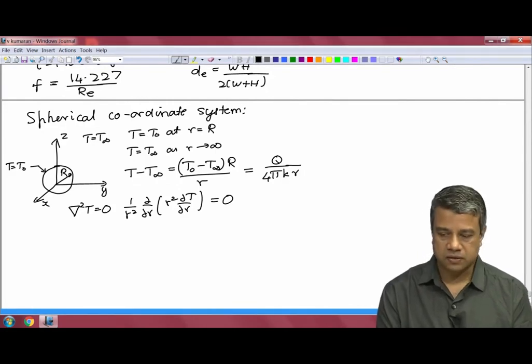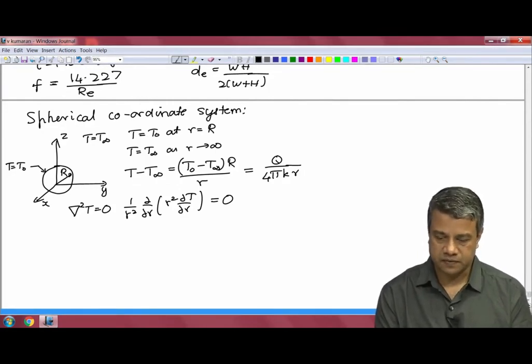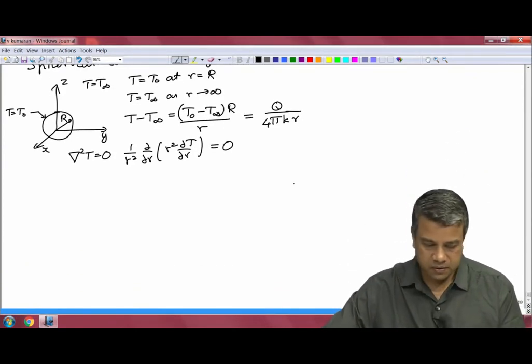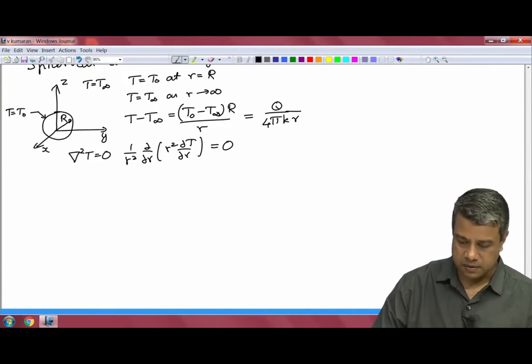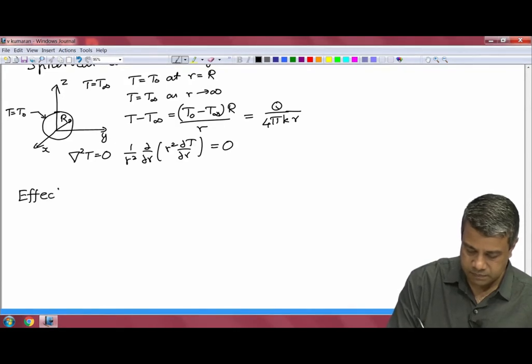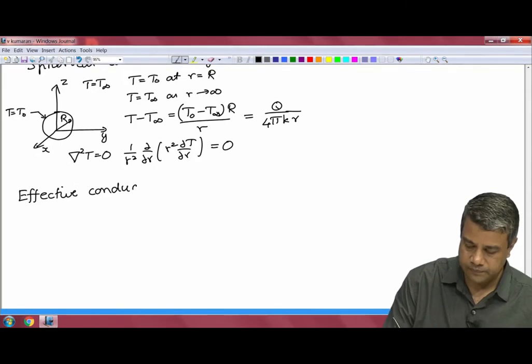So, this is the solution for the temperature field for a spherically symmetric system. We will go on to a slightly more complicated problem, and that is the effective conductivity of a composite.